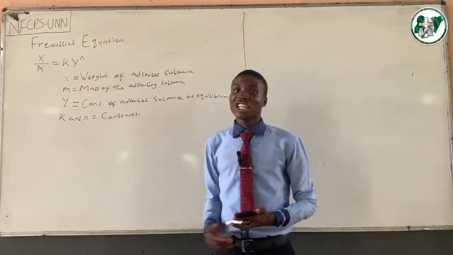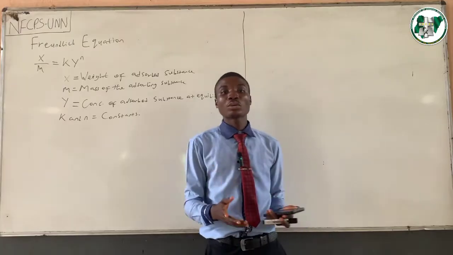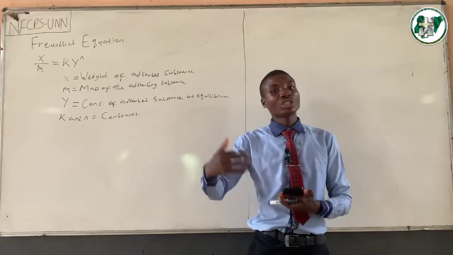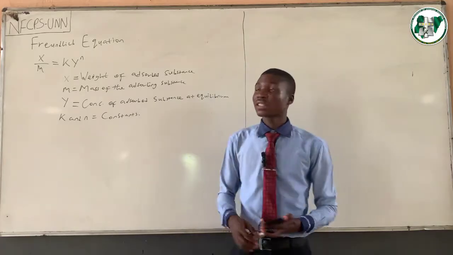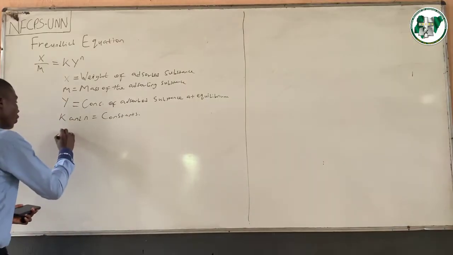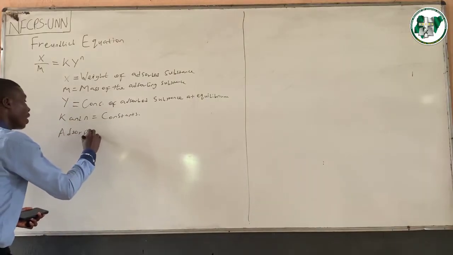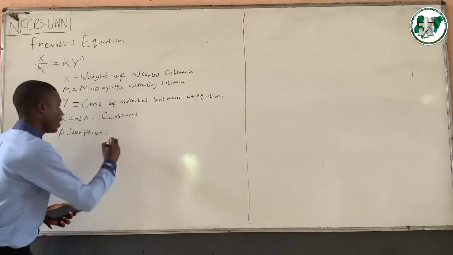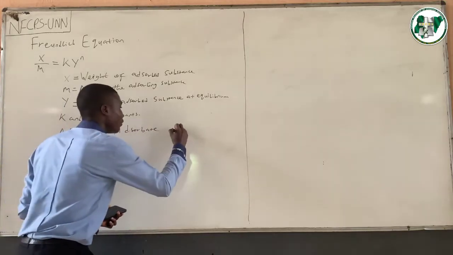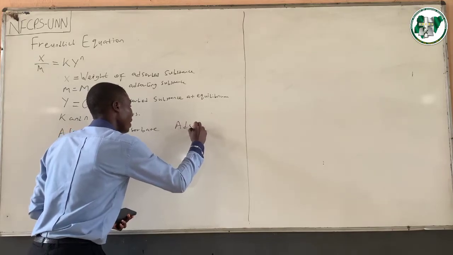Now, for this particular experiment, we're going to be looking at the adsorption process of acetic acid, which is the adsorbate, on charcoal, which is the adsorbent. So in adsorption we have the adsorbate and we have the adsorbent.